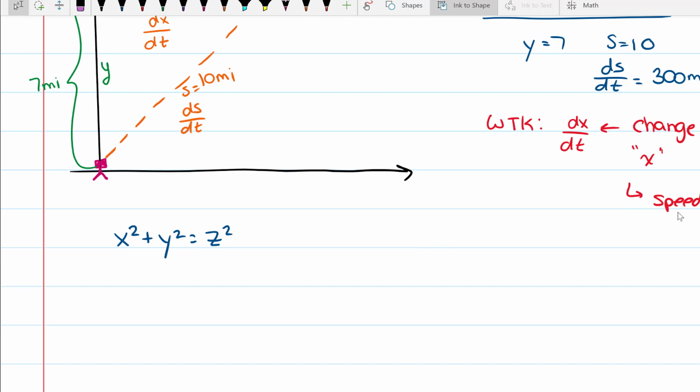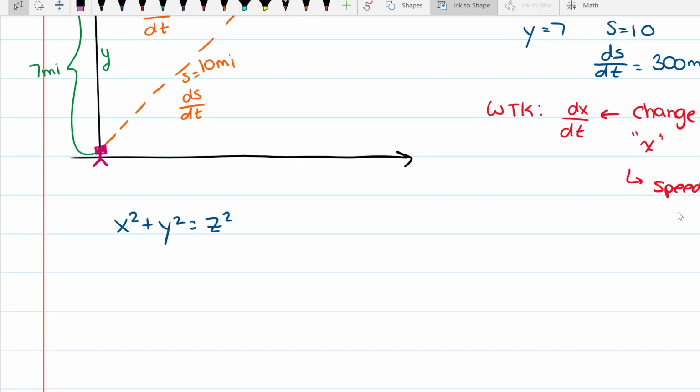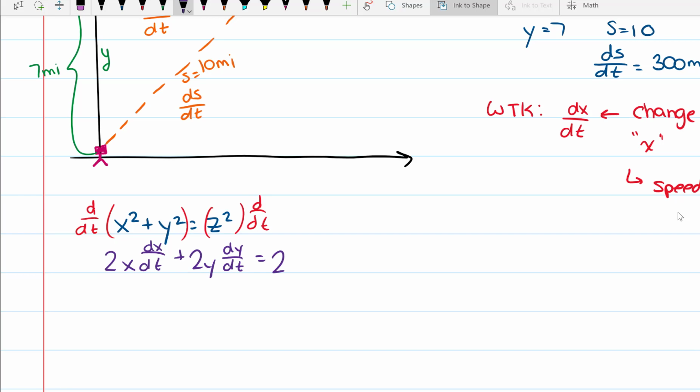And so what we need to do now is take the derivative. So we're going to take the derivative with respect to time. So we get 2x dx dt plus 2y dy dt equals 2z dz dt.